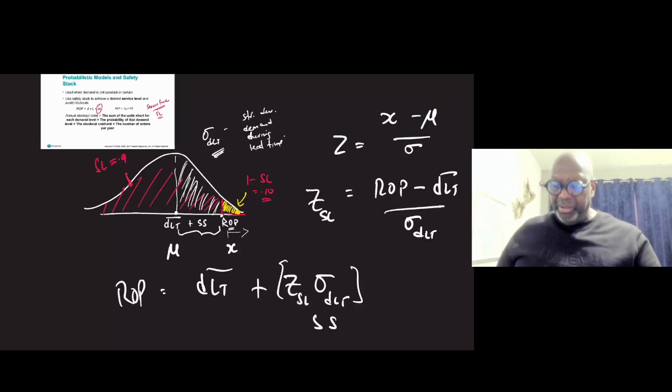Now, there are a couple of variations. I'm going to do this ahead of showing you the PowerPoint slides because then it's faster. So let's say lead time and demand, and then we want to look at the standard deviation.